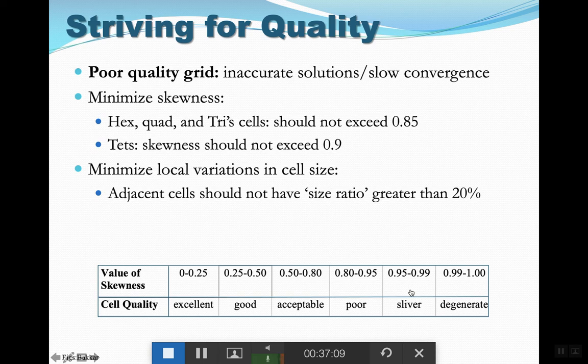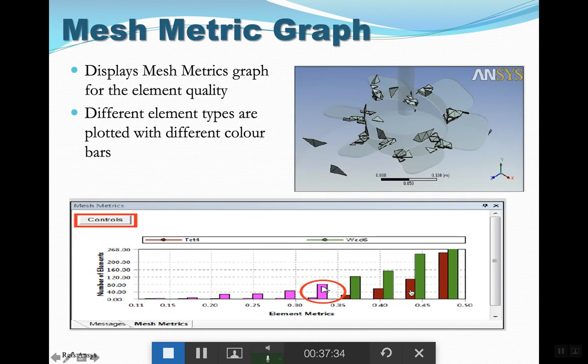As long as the majority of cells are in the good or acceptable portions, you're good to go. And majority means more than 90%. Always remember, you will have some cells that are undesirable, poor in quality. Although it's very good to correct them, you cannot be successful in doing that every single time.